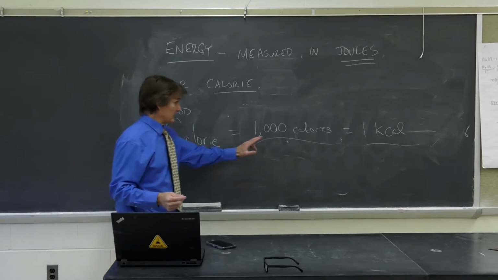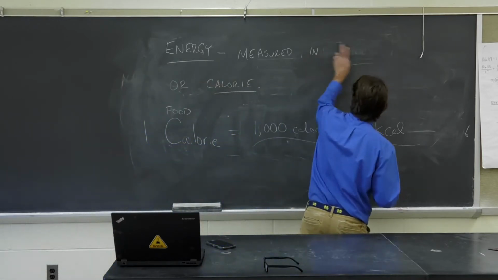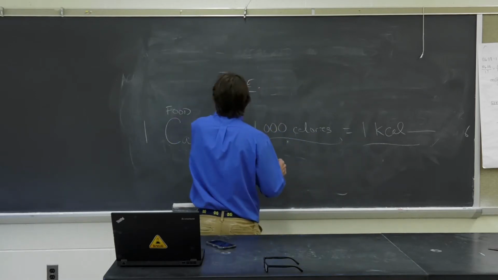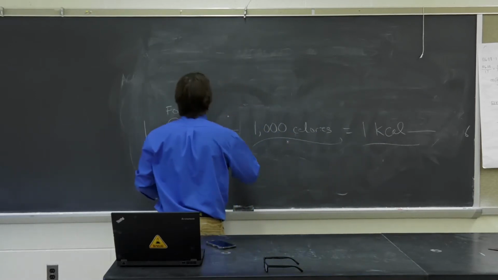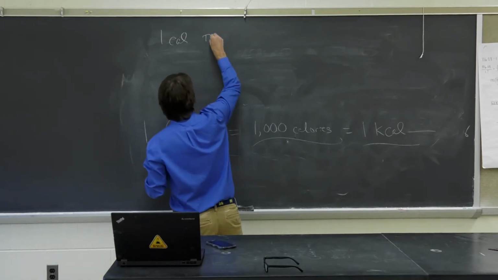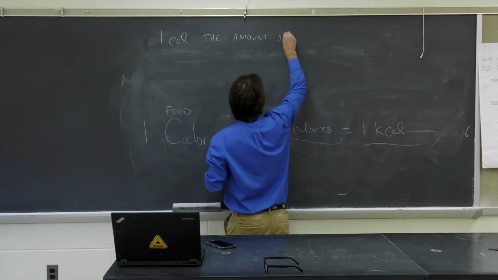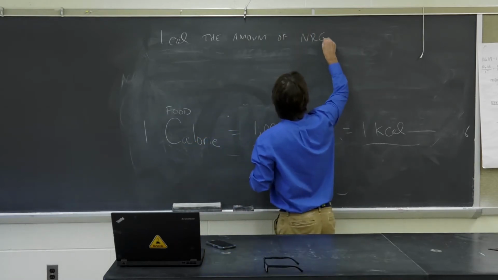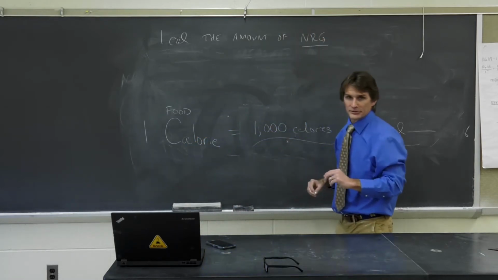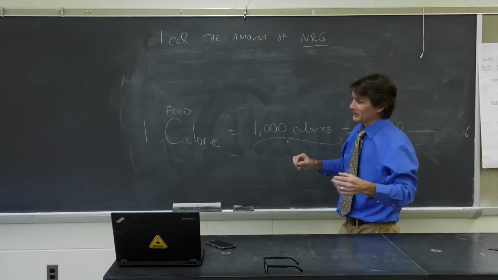The little c calorie, there's a way to define that kind of makes sense to people. 1 little c calorie, it's not that much energy. It's the amount of energy. I abbreviate energy with 3 letters, N, R, and G, because if you say them real fast, it sounds like energy.